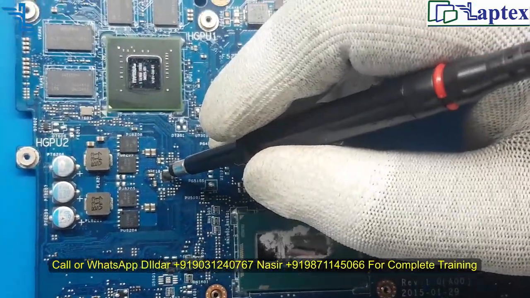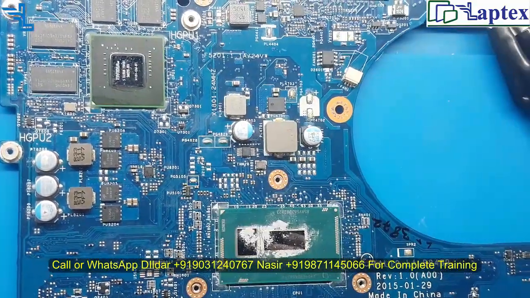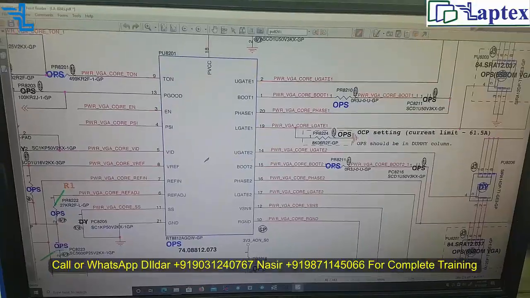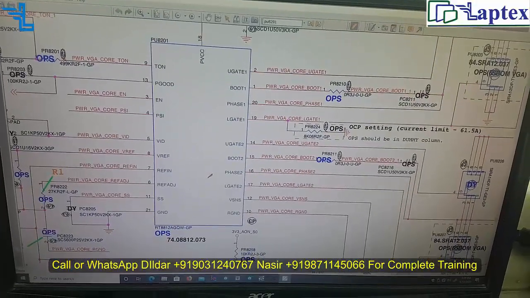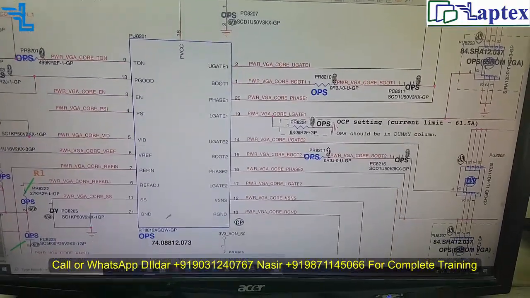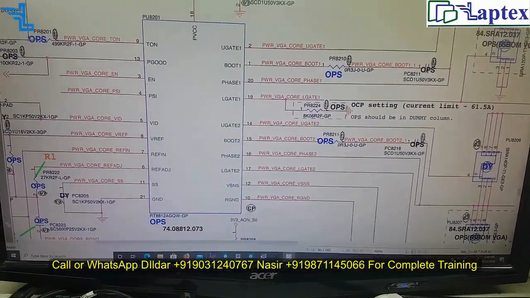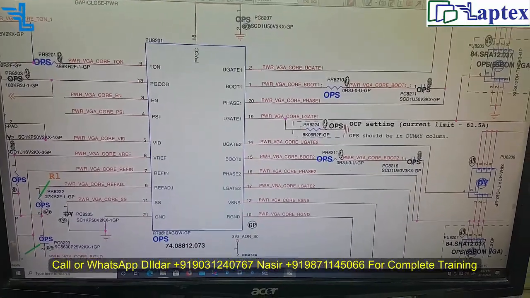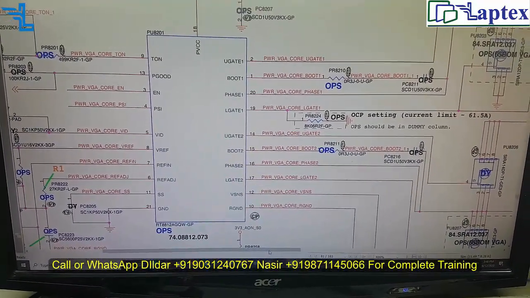And what is the regulator here? Let me open the diagram. So friends, as you see, I have opened the schematic, and I have reached the point where I feel the problem is on the motherboard: the GPU regulator is not generating the voltage.